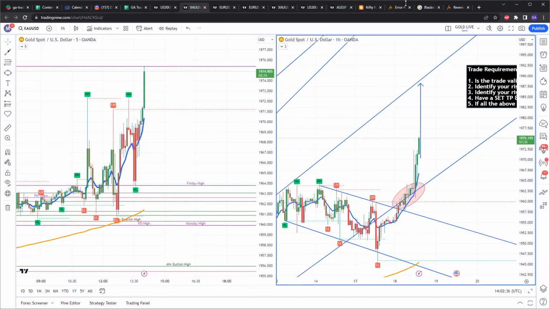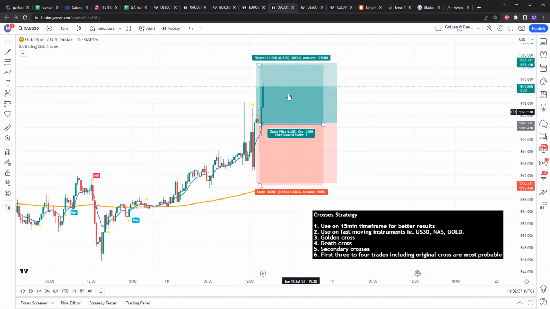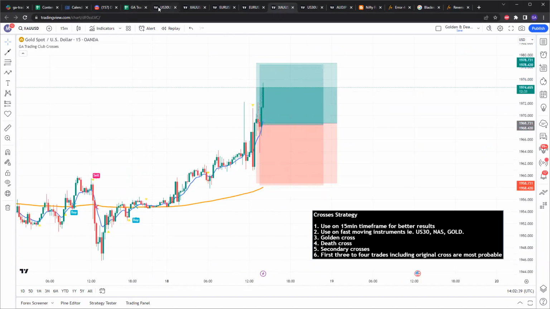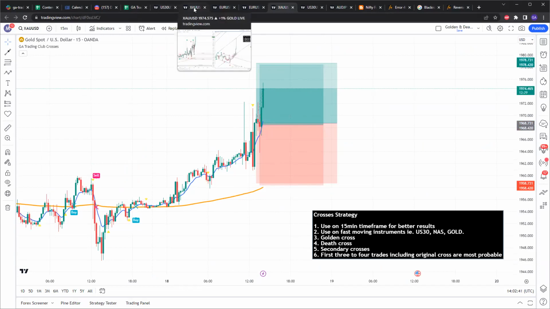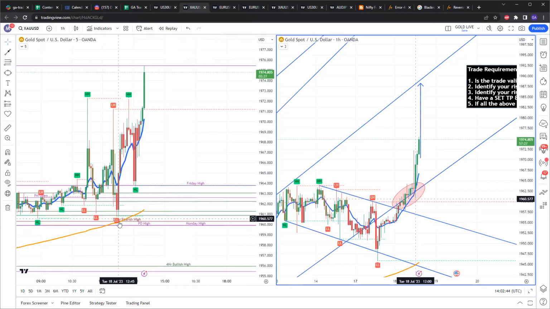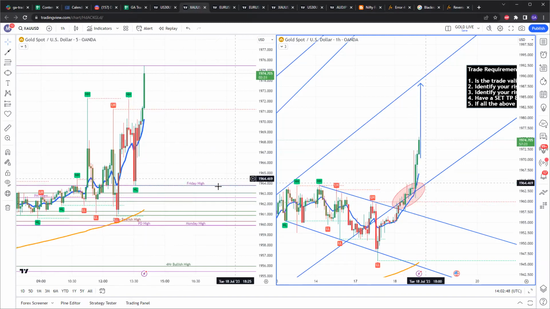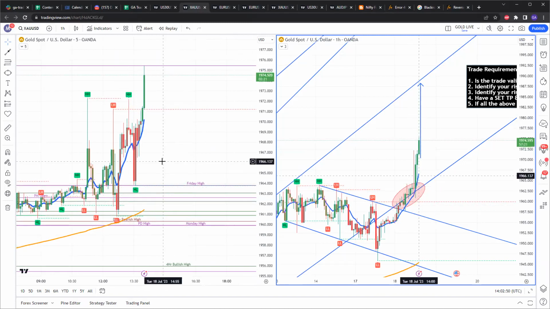Also while trading gold, check on the news, because I told you guys, based on the technicals, gold was supposed to drop because we had this daily bearish high here that should have superseded any other buying pressure right there.